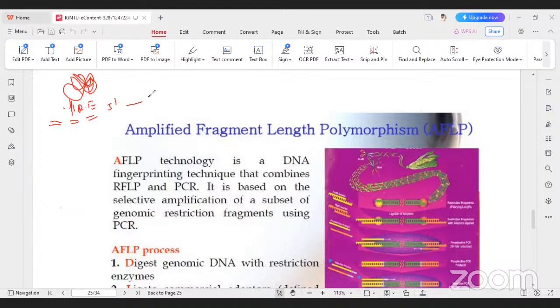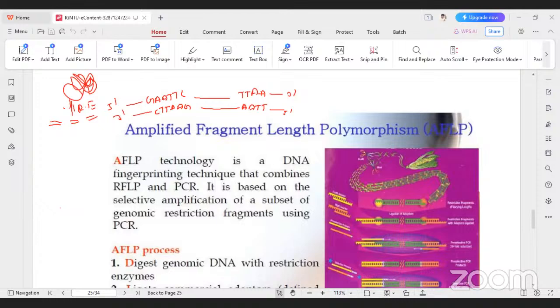5' GAATTC 3' and the complementary strand 3' CTTAAG 5', with the overhangs AATT and TTAA. Now with the help of the restriction enzyme, it is cut like this.